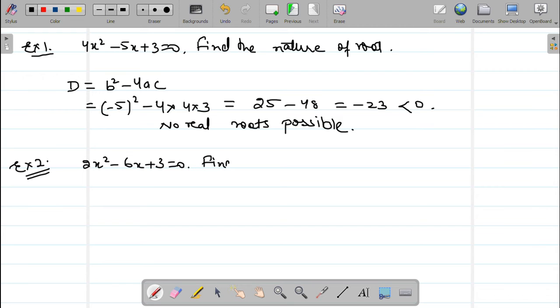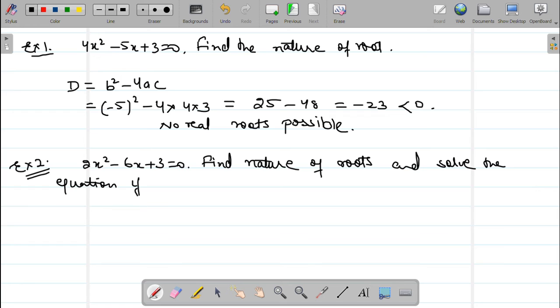Find the nature of roots and solve the equation if it has real roots. So let's see what we have. The solution can be, I'll just mention solution here also.